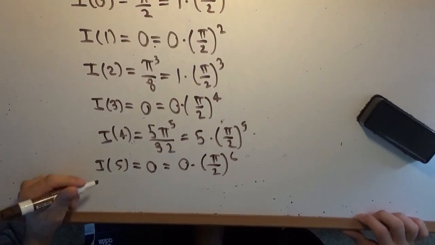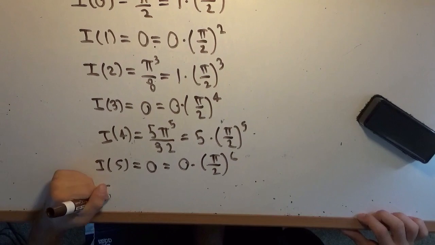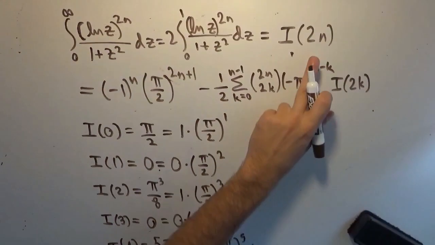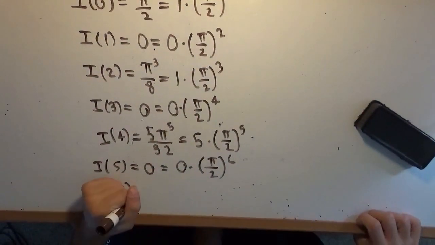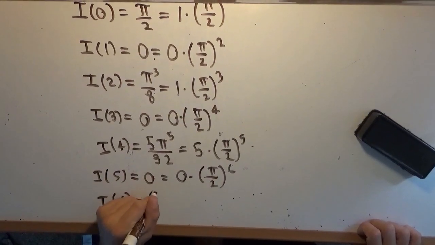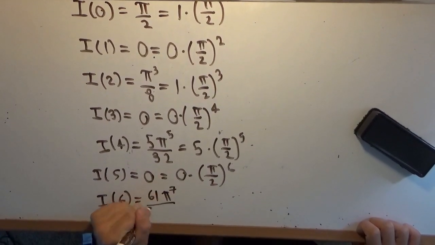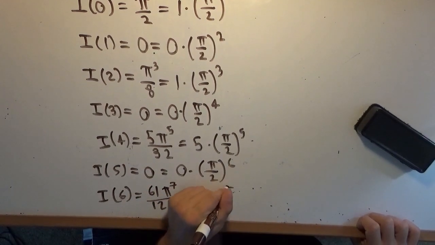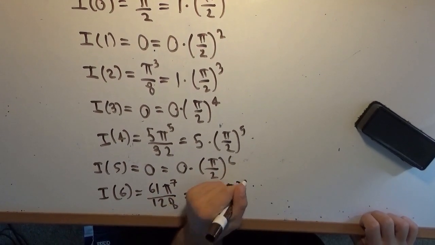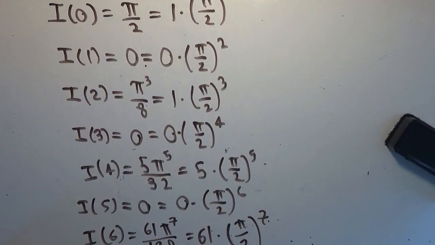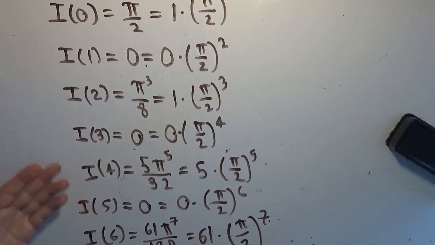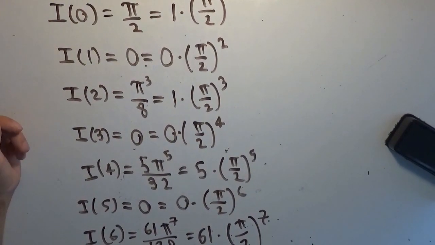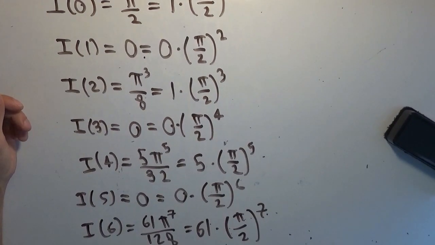And the last one I'll do is I of 6, which means you have to plug in 3 for n, and you will end up with 61 pi to the 7th over 128, which is of course equal to 61 times pi over 2 to the 7th. So now that we've been able to generate an actual sequence of these numbers that I of various integers evaluates to, we can sort of analyze them.